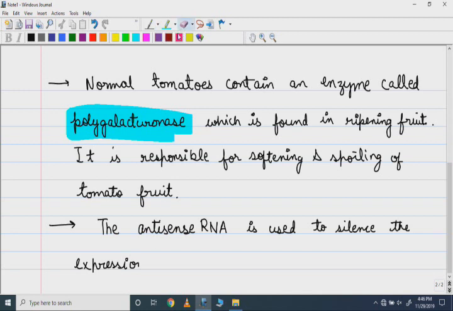In simple words, it is used to silence the polygalacturonase gene. Once you silence it, it will not be used.